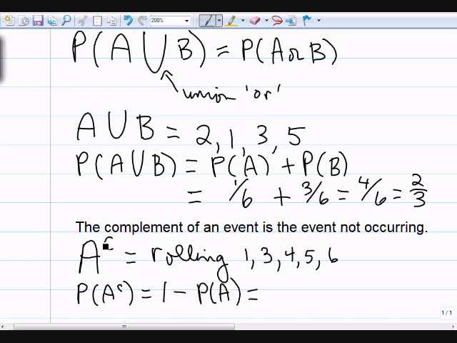Well, A complement was 1, 3, 4, 5, 6. That's 5 out of 6. And 1 minus 1/6, probability is 5 out of 6. So there's the complement rule.